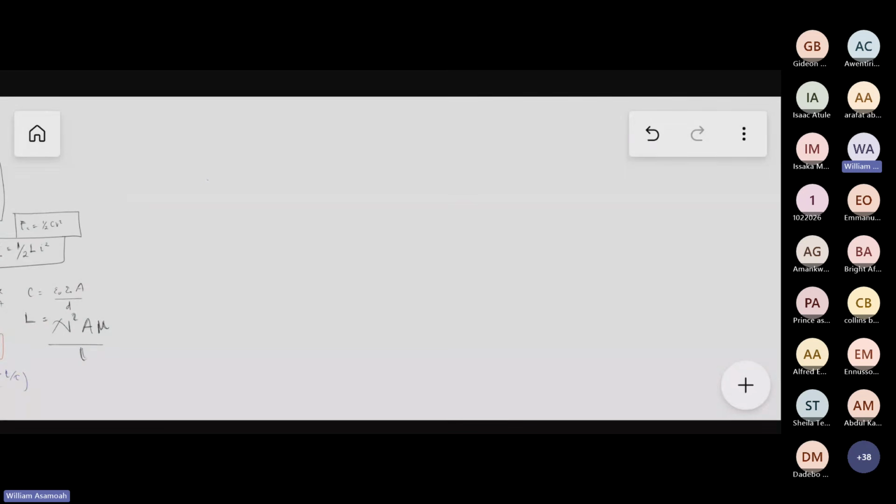That's what transistors are in basic terms. Transistors are switches.